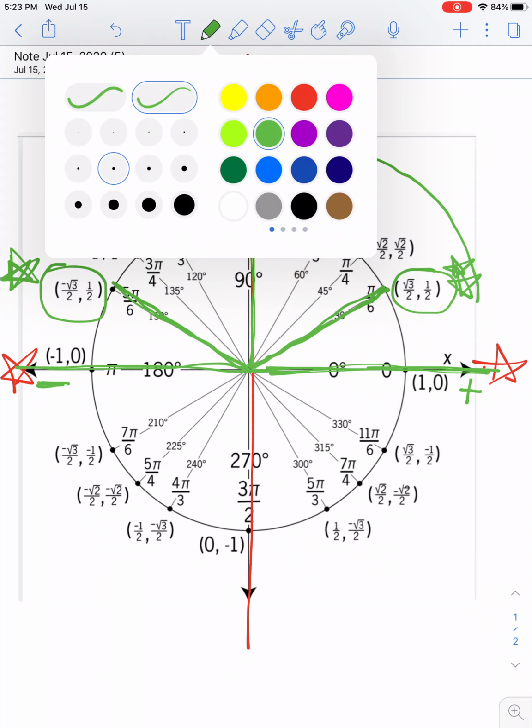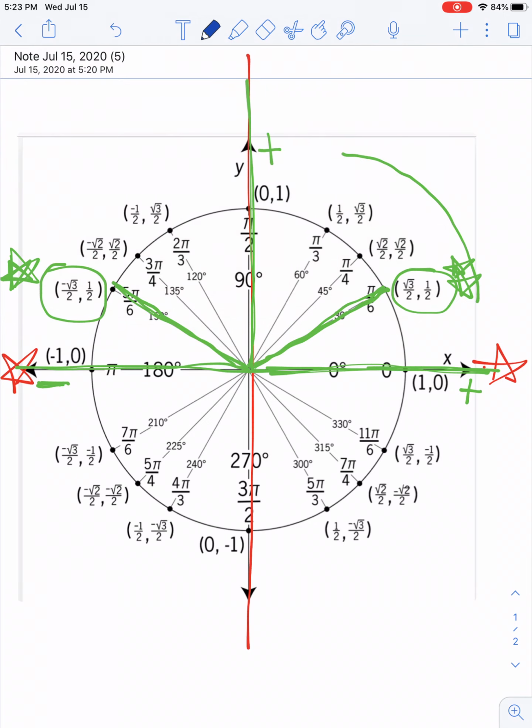Now, let me pick another angle. For example, let's pick this dark blue. If I take this angle, this 45-degree angle, and its coordinates, right there we go. I didn't want to block the coordinates. And again, I want you to imagine you have this unit circle printed out in front of you, and we are going to fold it, I think it's hamburger style.